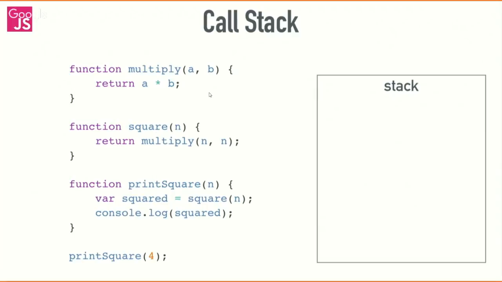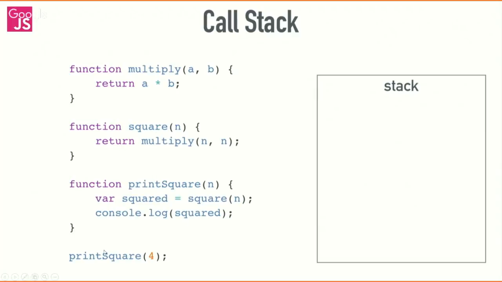The call stack here is what we're going to use to represent it. It's basically a data structure which records where in the program we are. So if we step into a function, like for example we call printSquare, we put the function on the stack, and if we return from a function, we pop the function off the stack.